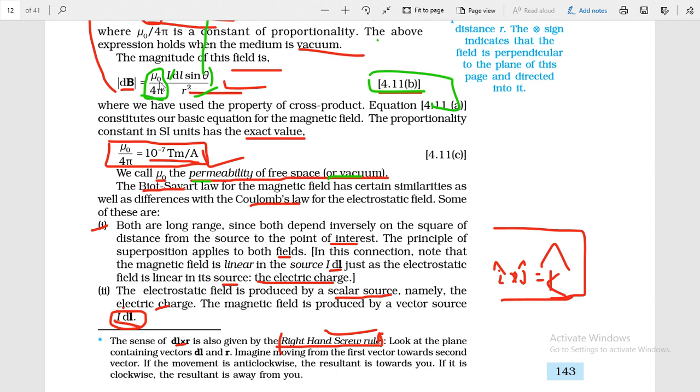The value of mu naught upon 4 pi is 10 to the power minus 7, and in the MKS system the unit of this constant is Tesla meter per ampere. You can note down this unit and this numerical value, because it will help you solve many questions. So you must remember this constant which is given by equation 4.11c.